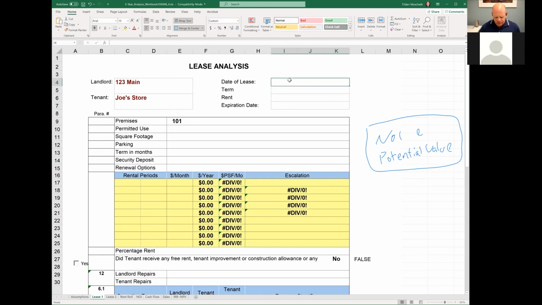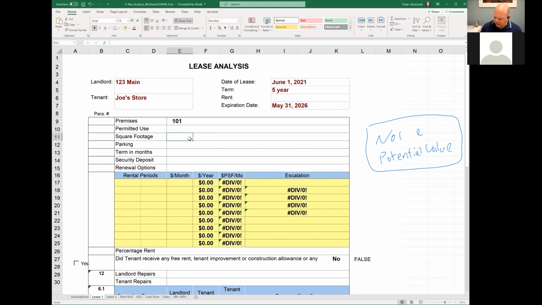So let's say this is June 1, 2021, with a 5-year term. We'll deal with rent later. And then the expiration would be May 31st, 2026.